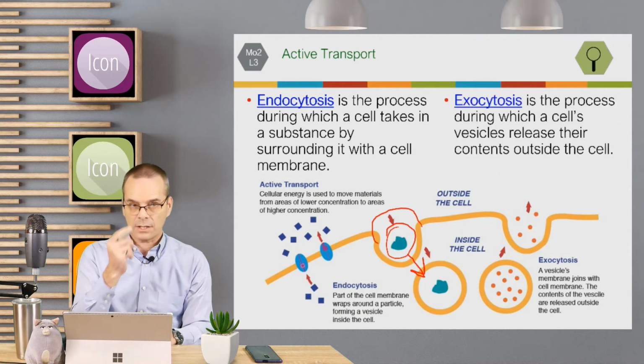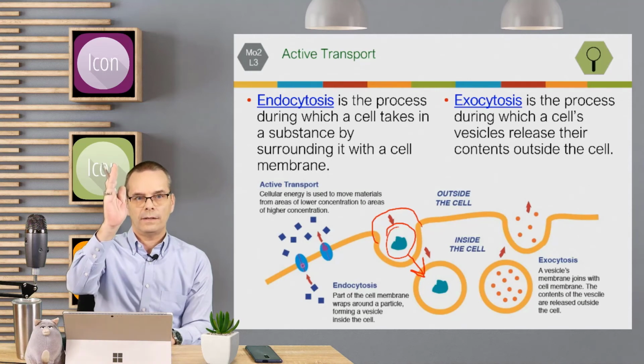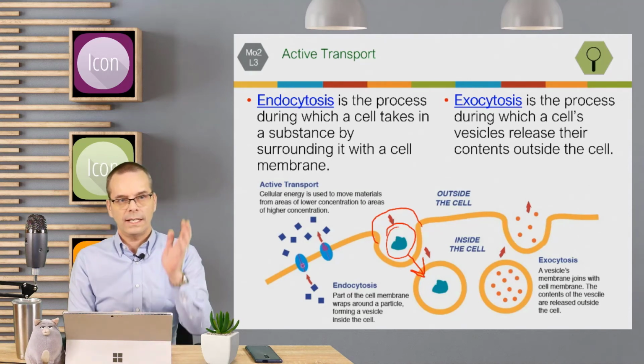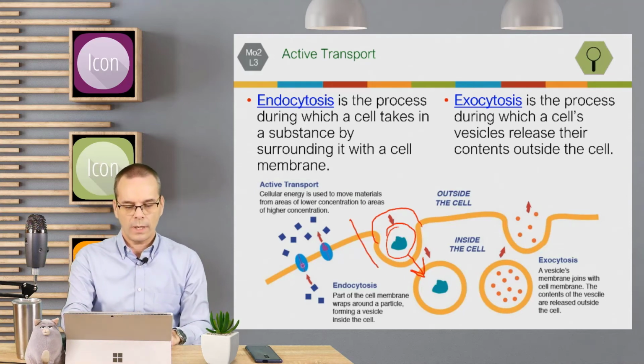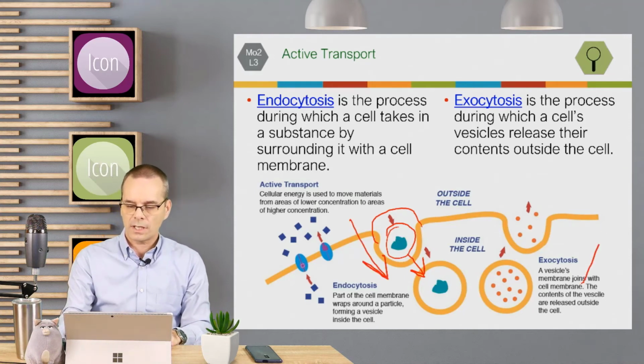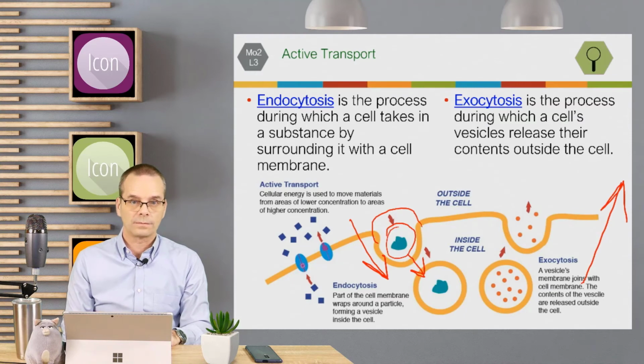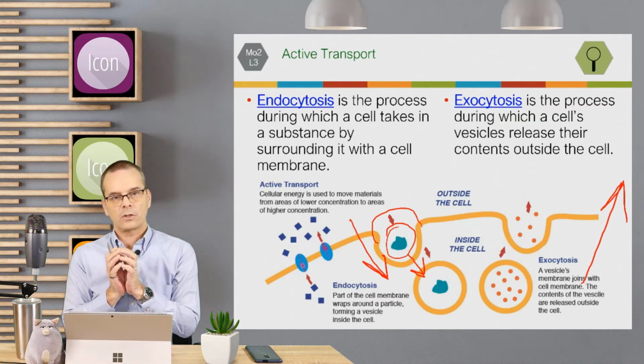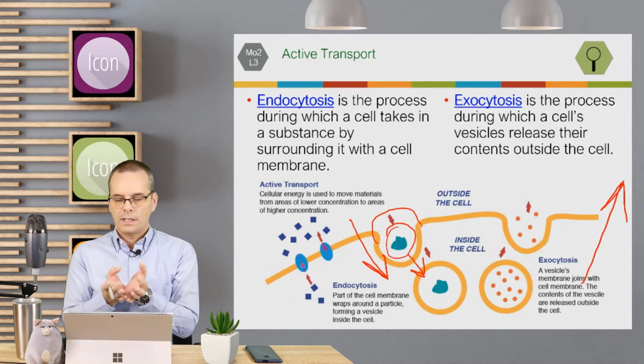Now, exocytosis is going the opposite way. It's going from inside the cell to outside the cell. So again, endocytosis is going in, exocytosis is going out. For the same thing, it has this vesicle membrane surrounding the contents, right?